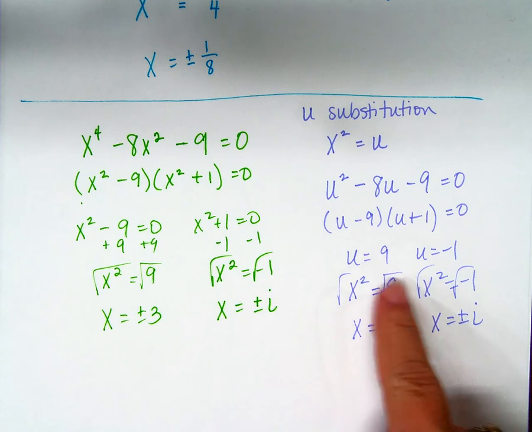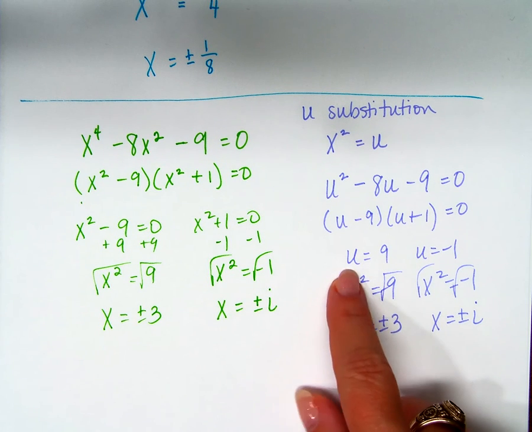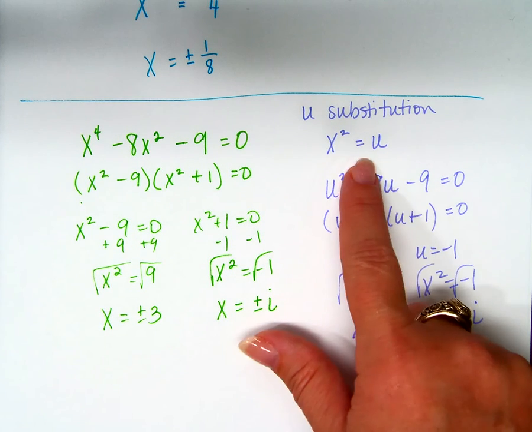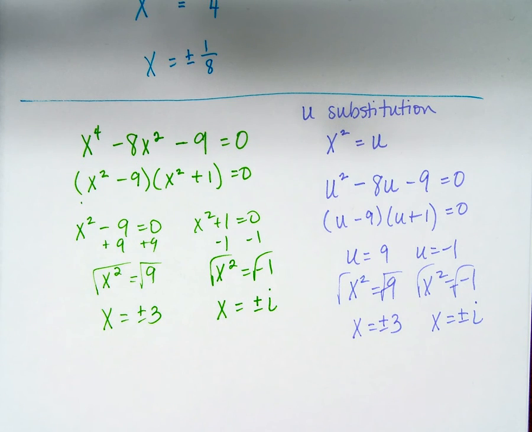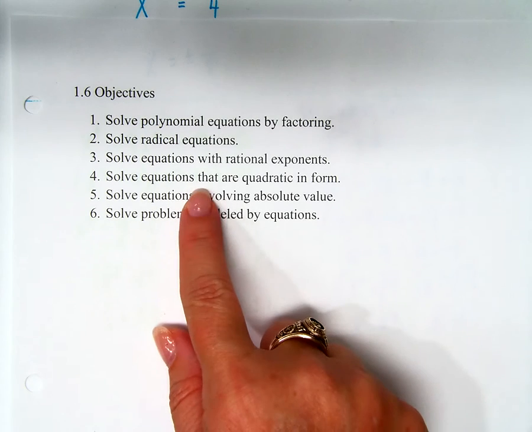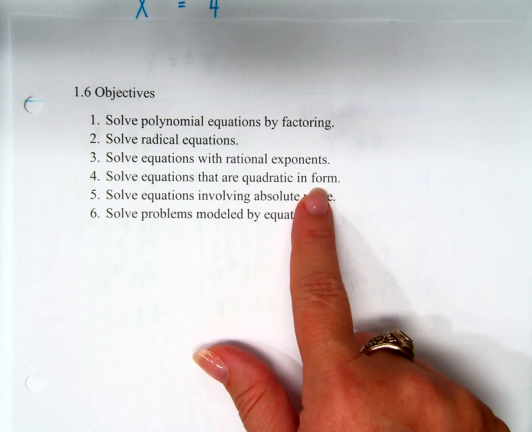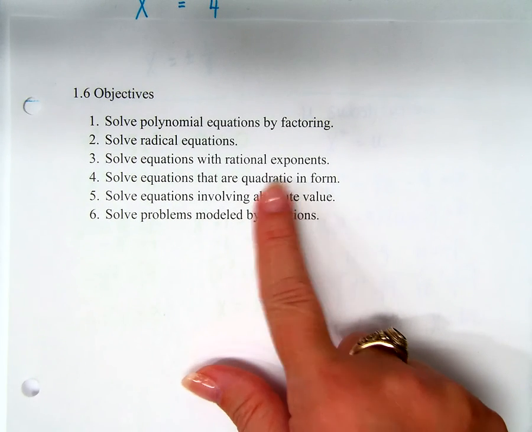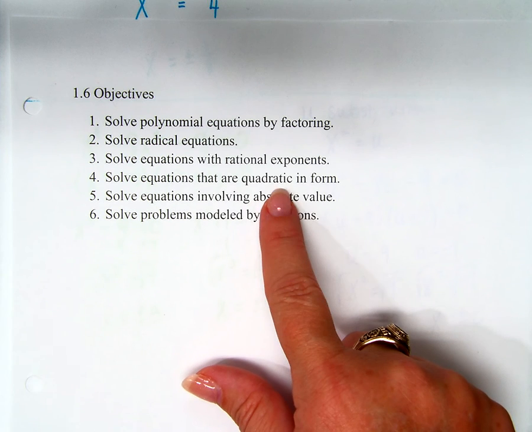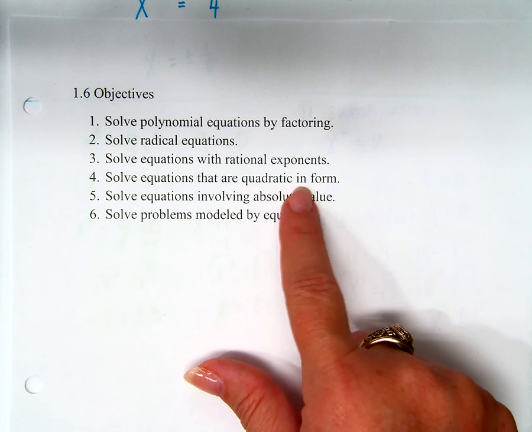You just have to remember to go back. After you solve for u, you have to remember to go back and unsubstitute for u, basically. Okay? So that's an example of an equation that is in quadratic form. So you know how to do it because you know how to do quadratics. It's just not exactly quadratic, it's just quadratic in form.